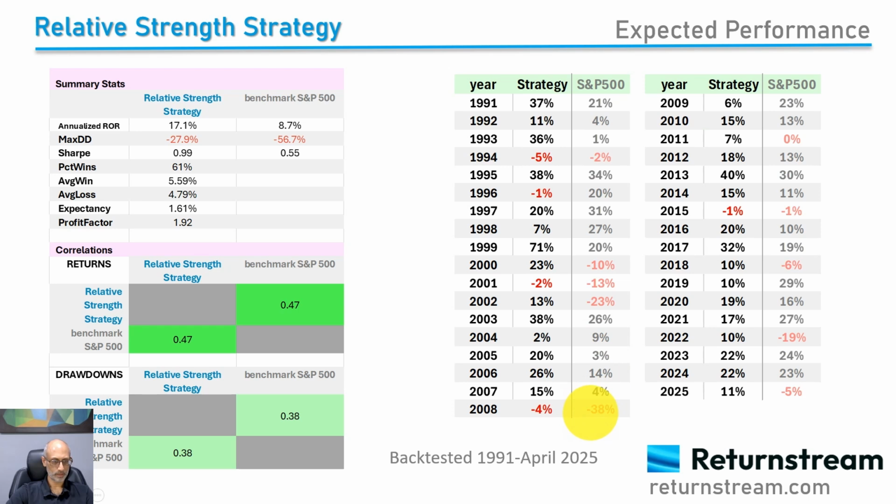In the subprime crisis of 2008, the S&P 500 was down 38%, whereas the strategy was down 4%. And more recently, in 2022, when the S&P 500 was down 19%, the strategy was up 10%. And so far, year to date, up to the end of April, when the S&P 500 was down 5%, the strategy is up 11%.